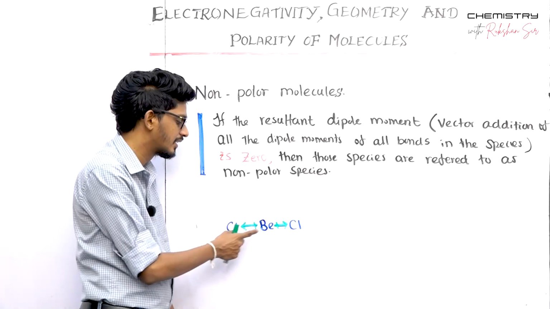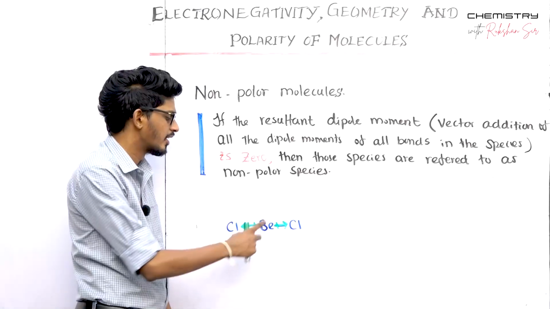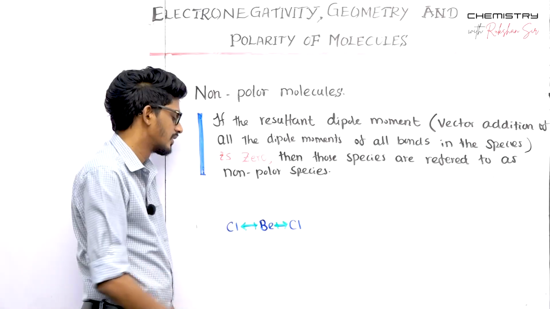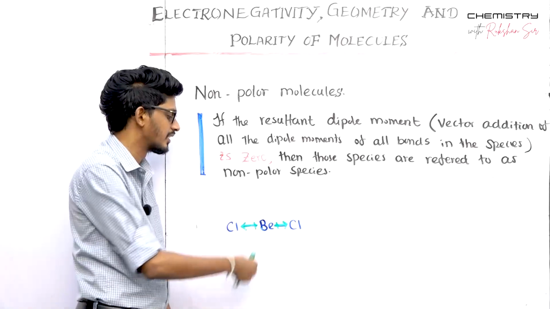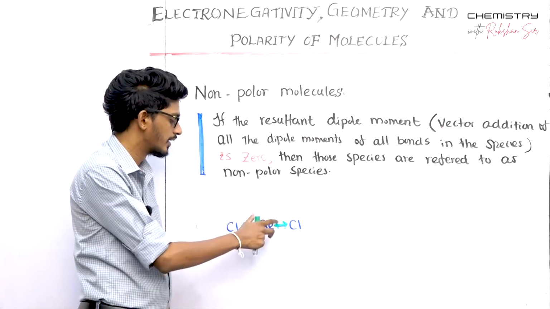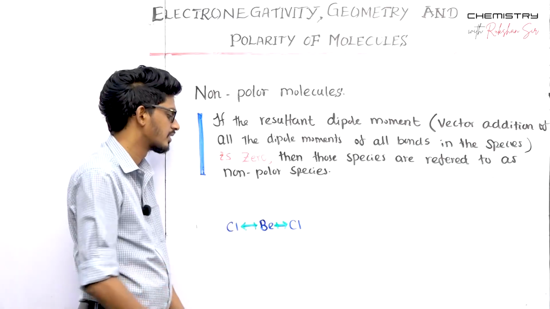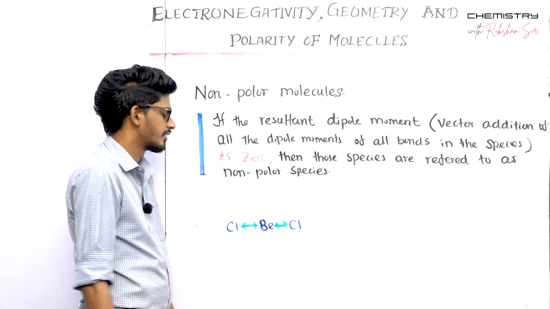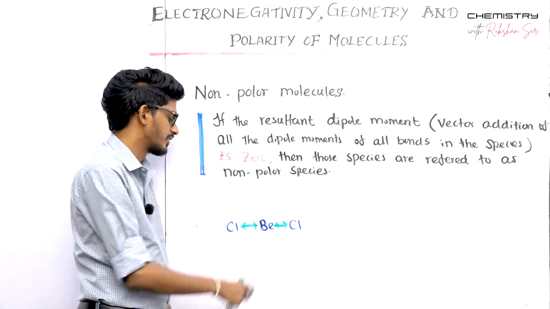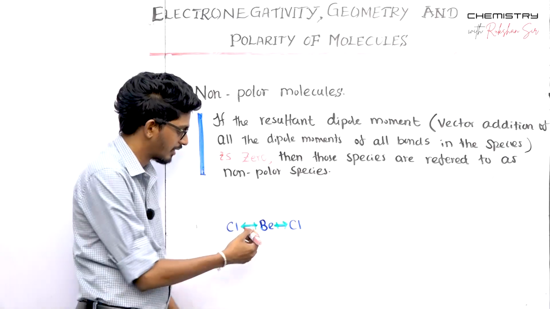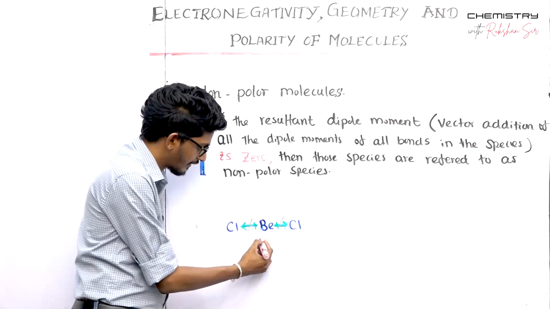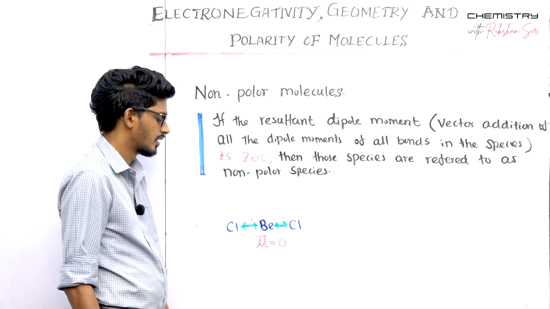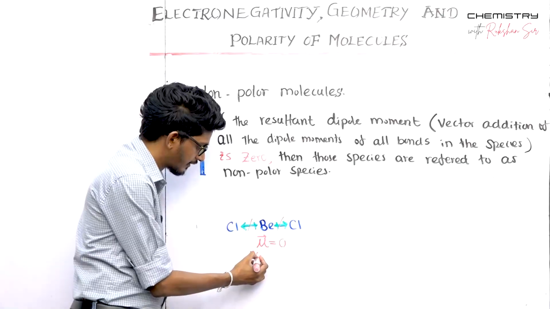They are equal in magnitude and opposite in direction. When you add such vectors, they cancel off, ultimately giving a zero net dipole moment. So this molecule is non-polar.